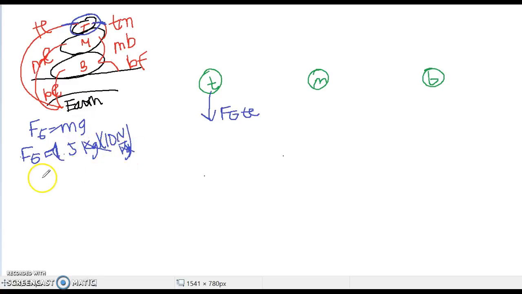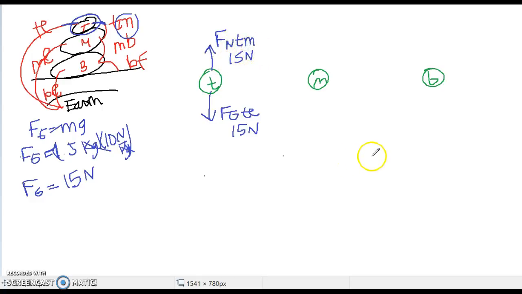Okay, the kilograms are going to cancel, so I'm going to get 1.5 times 10, which is going to be 15 newtons. Okay. So the force of gravity on the top rock from the earth is 15 newtons. I know the rock's not moving, and the only other thing touching it is the middle rock. So the middle rock has to be pushing up on the top rock, and that also is going to have to be 15 newtons. Okay.